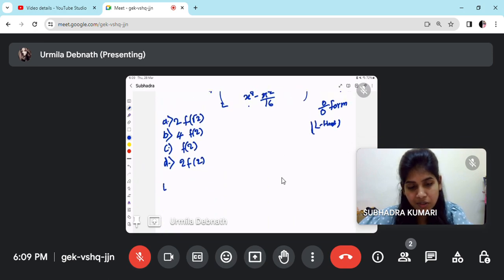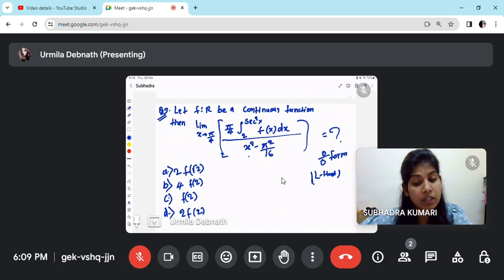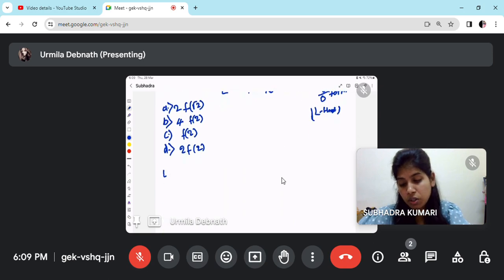We need to differentiate it. But we cannot directly differentiate these because the limit of integration is variable. So use the Newton Leibniz concept as well.